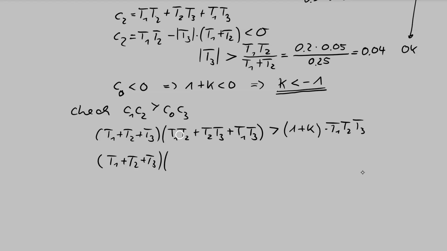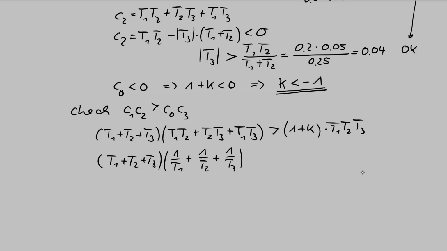We divide again by t1, t2, t3 in each case for the single elements here and get 1 over t1 plus 1 over t2 plus 1 over t3. And now we divide by a negative number, so this gives a swap of the inequality sign.